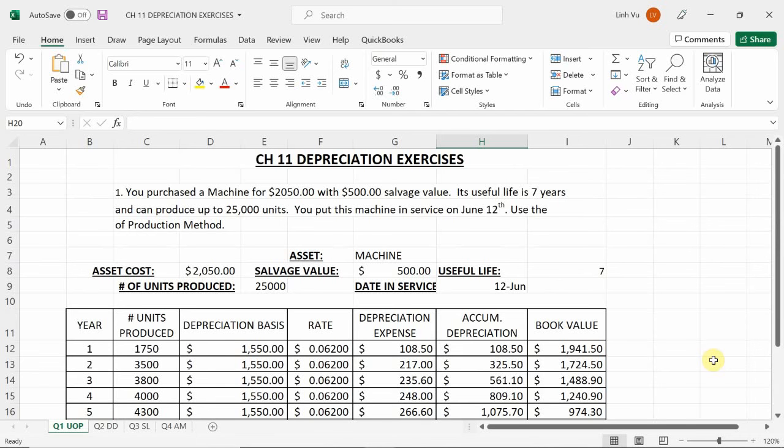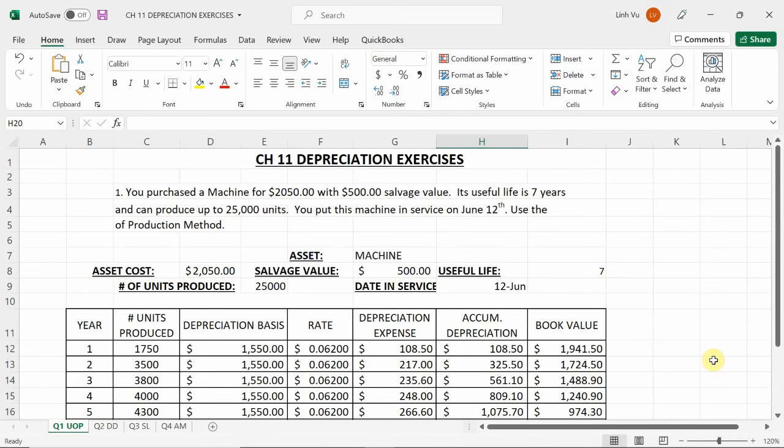That's what's going to cost me per unit. So if I can produce up to 25,000 units, what I'm doing is I'm taking the total cost that I am allowed to depreciate, which in this case is my depreciation basis. That's how much I can depreciate, right? Because my asset cost is 2050, but I have to have a remaining ending balance at the end of its life to hold a value of 500.